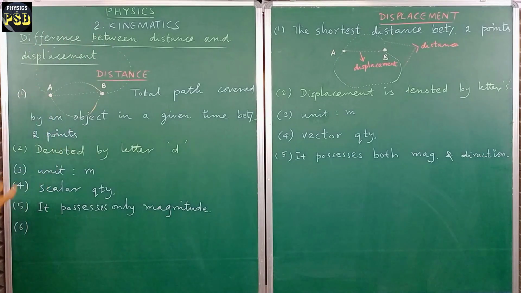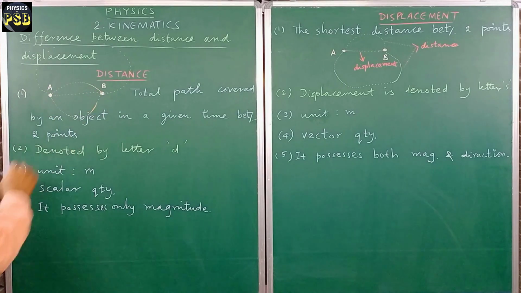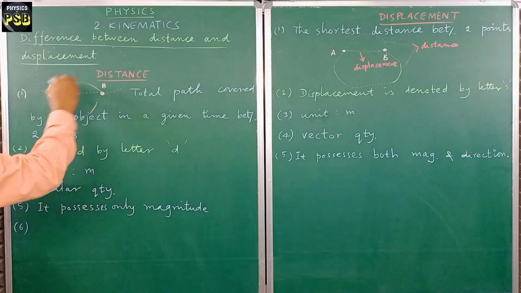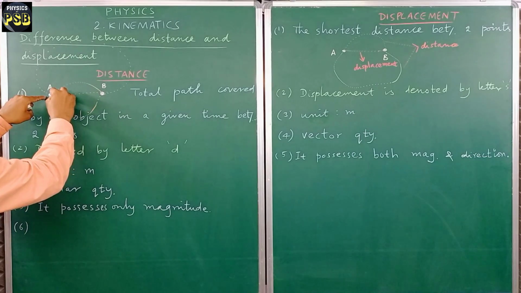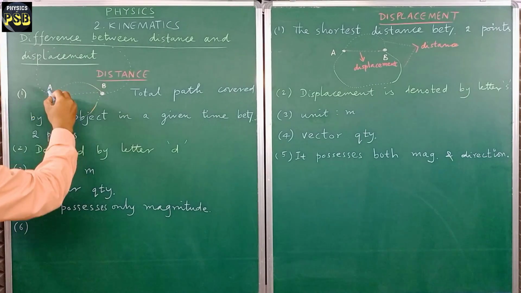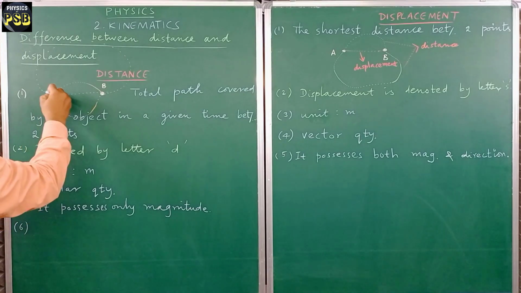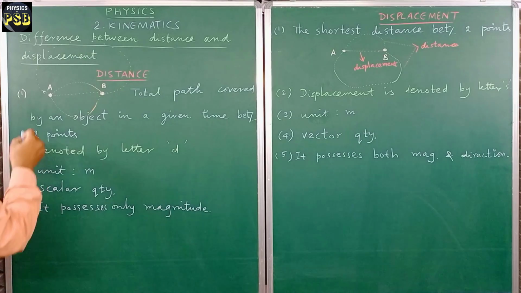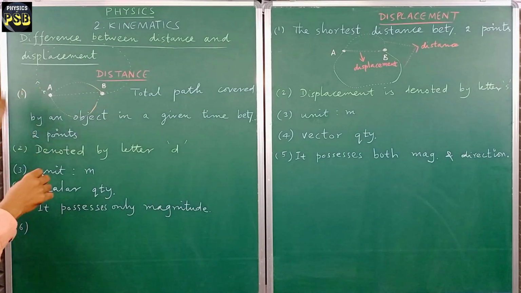Now, suppose a person has started from point A to reach point B. Now, if he chooses this path, then what he does? He moves from point A towards the backward direction. See, towards the left he moves. Then, after reaching this point, he starts moving upward.